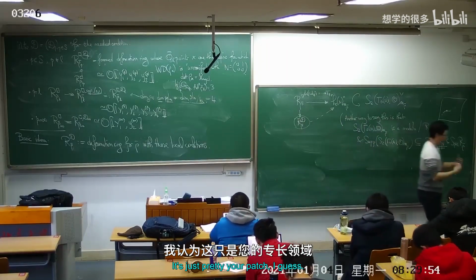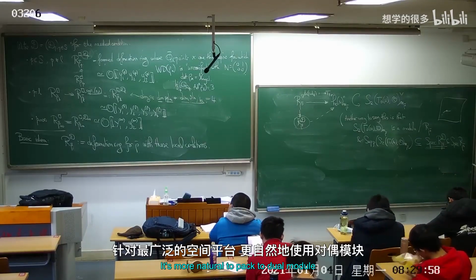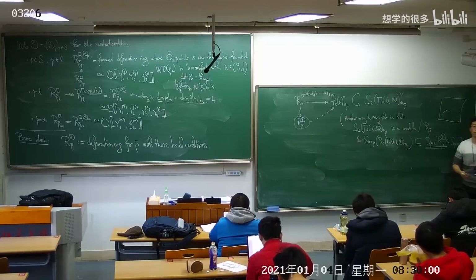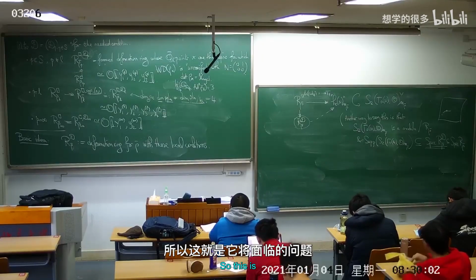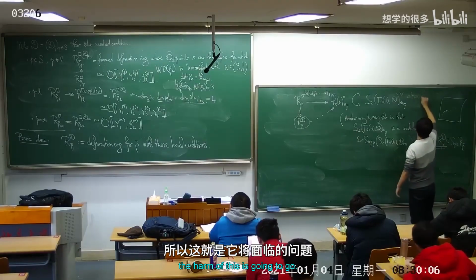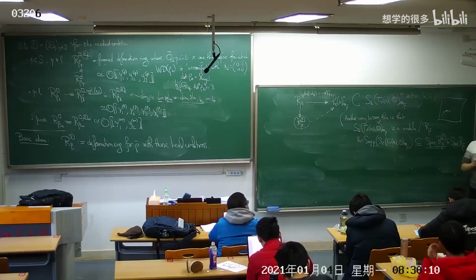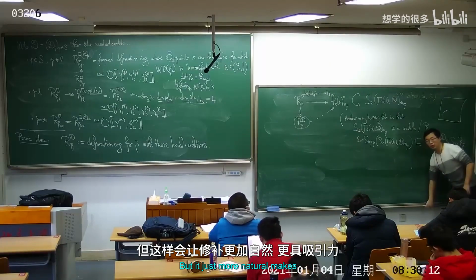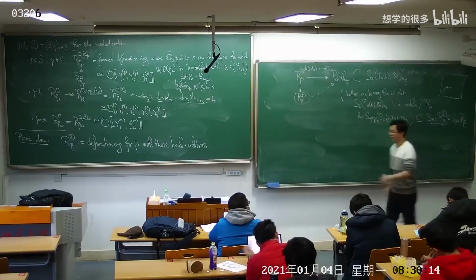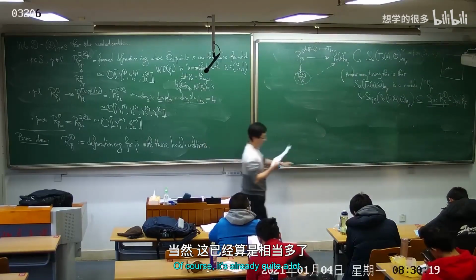It's just that when you patch, it's more natural to patch the dual modular forms as opposed to the modular forms space. So this is the Hom of this S_2 into O. It doesn't change much, but it makes the patching more canonical. Of course, it's already quite canonical.